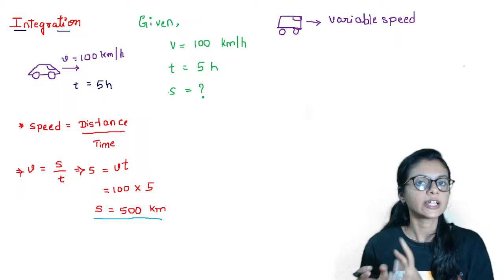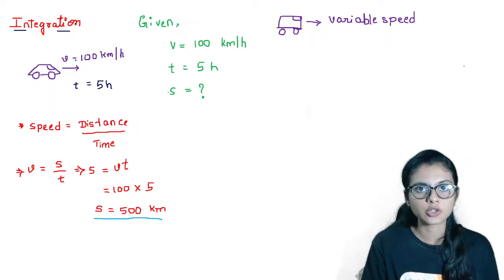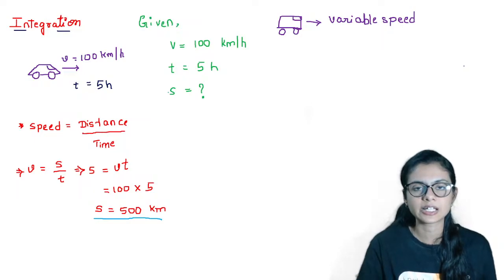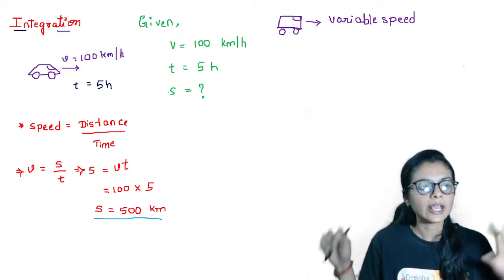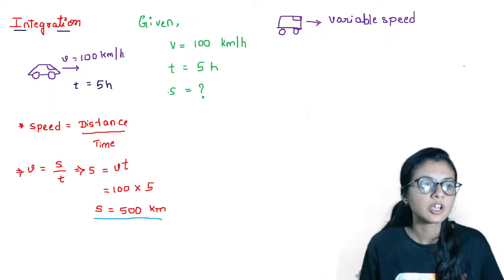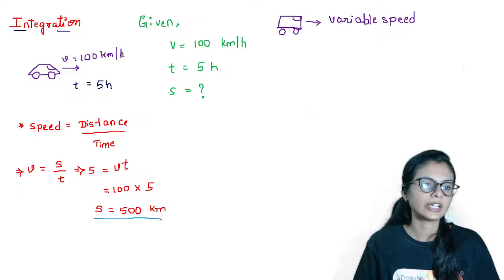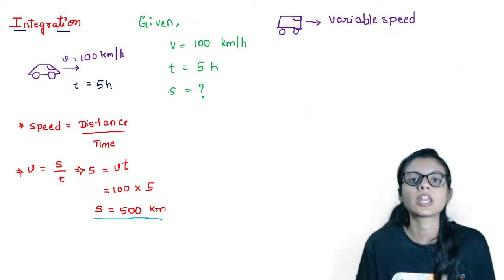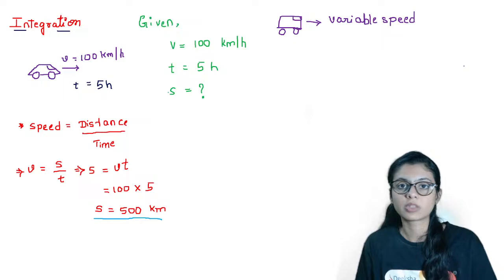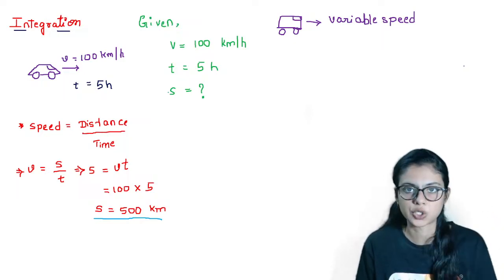In your ninth standard, you have just studied about constant speed. So it was very easy to calculate, but it's not the ideal condition. In real life, we see vehicles which are moving with variable speeds. So how do we calculate the distance covered by this variable speed object, when we don't know the accurate constant velocity?